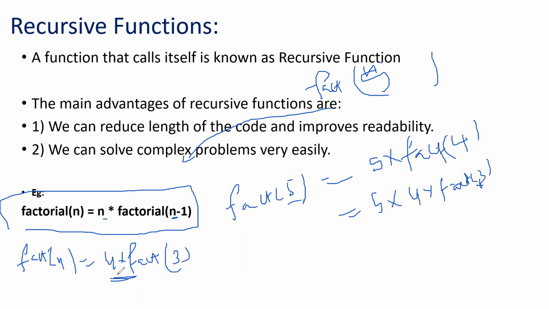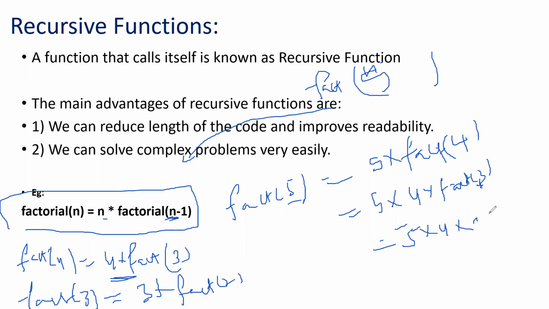What do you mean by fact 3? Again the same formula. Fact 3 means the function is calling itself. 3 into fact 3 minus 1, 2. 5 into 4 into 3 into fact 2. What do you mean by fact 2? Again, 2 into fact 2 minus 1. Like that it works.